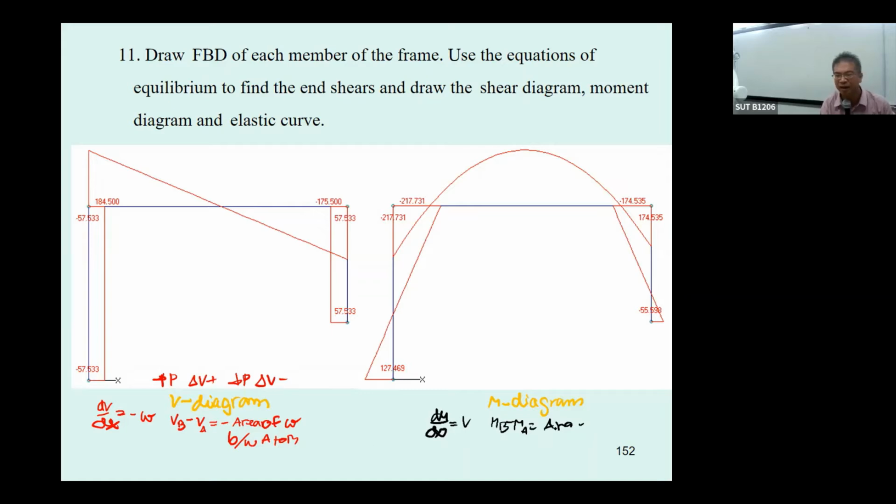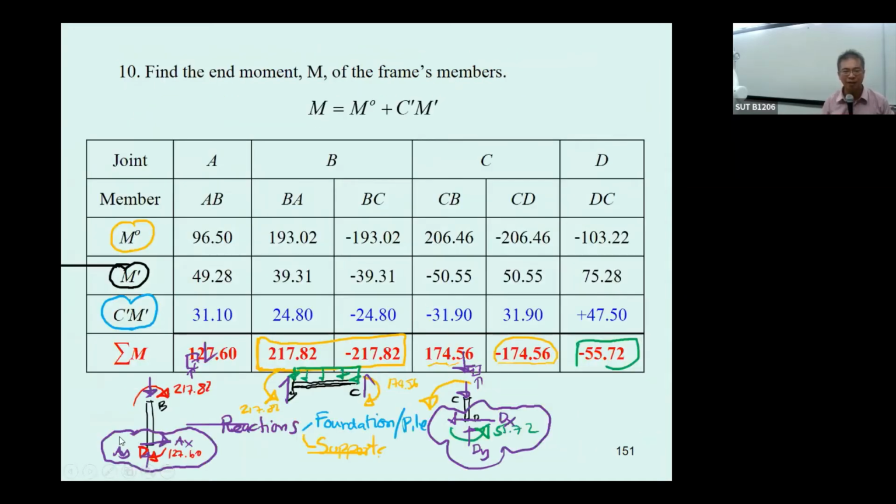This has a negative, this has no negative, because this is plus the area of the V diagram between A to B. And last one, if you have this moment, you are going to have delta M positive. And if you have this kind of moment, you have delta M negative. Okay, and now you come to what we have here.